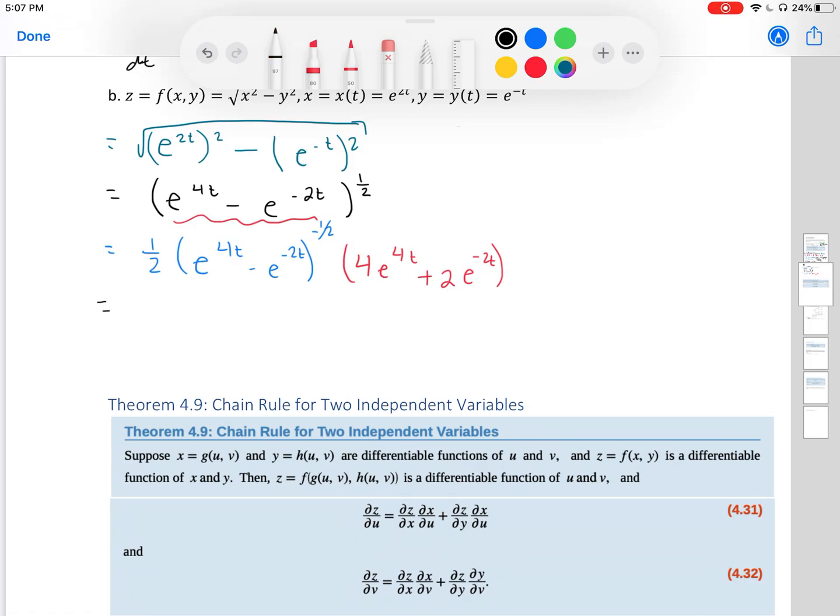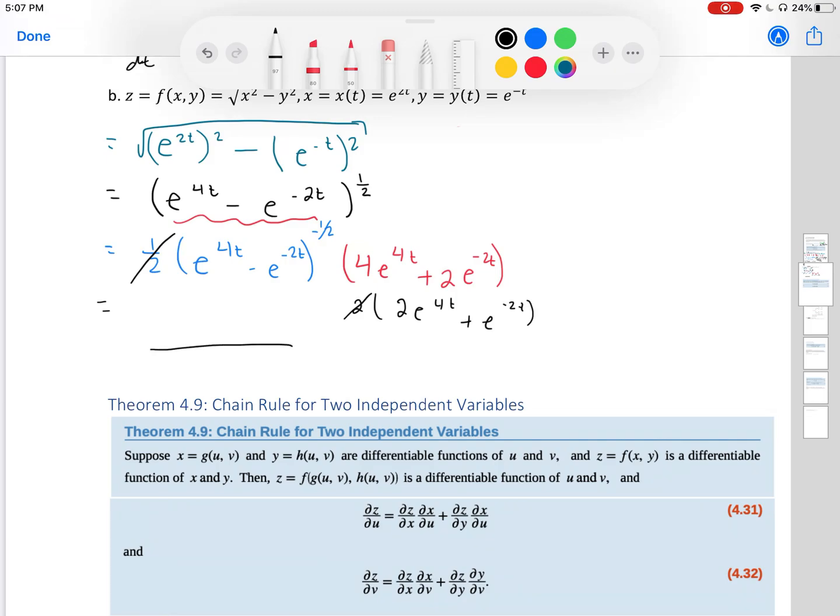We don't like to have negative exponents, so let's go ahead and write this as a denominator. So we can also factor out a 2 from here. So we're left with 2 times e to the 4t plus e to the negative 2t. And so this makes 1.